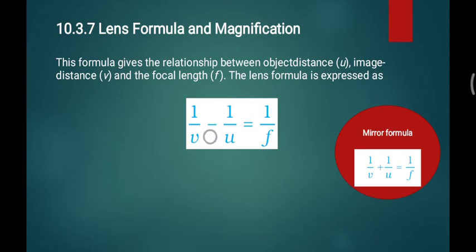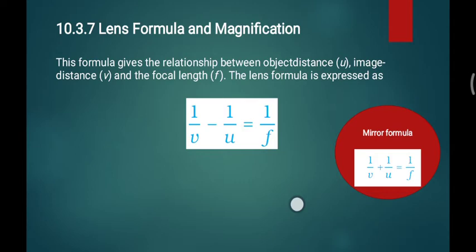Here we have minus, whereas we have plus in the mirror formula. I am mentioning the mirror formula so that you can judge the difference between these formulas. So here we just have minus, and you should keep in your mind that 1 upon v comes first, minus 1 upon u, then this will be the lens formula.